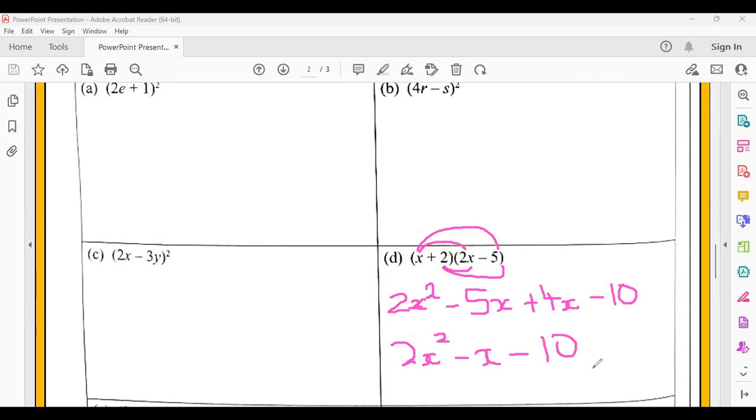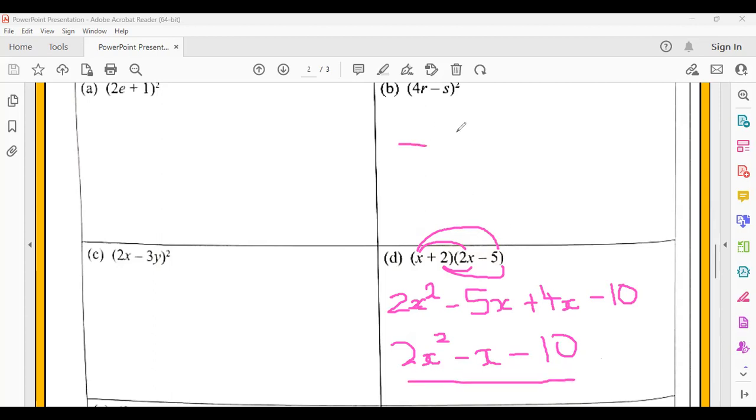Well done. 2x squared. I think, Natasha, you just missed that x. Negative 1x. But you don't have to write the 1. But you must write the x. Okay? Very good, Durgashini. Okay, so you see, girls, you can omit the 1, but you don't omit the x. The x is important.